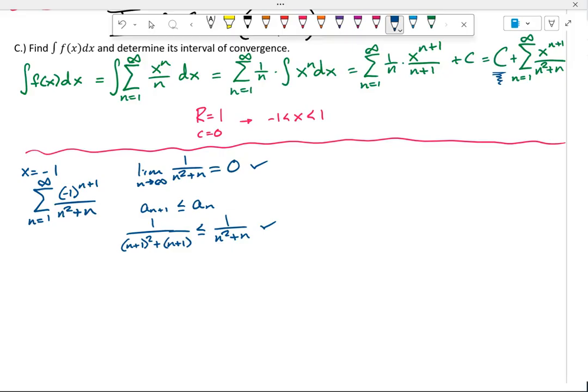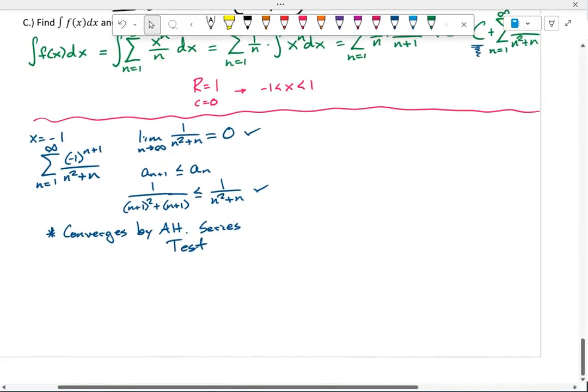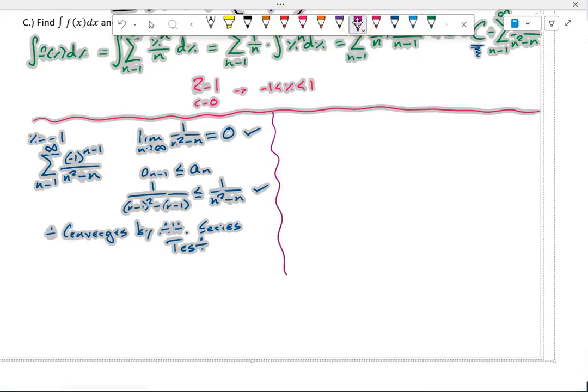So what happens on the left-hand side? Converges. We can say by alternating series test. All right, so we're good on that one. Let's go ahead and look at the other side.